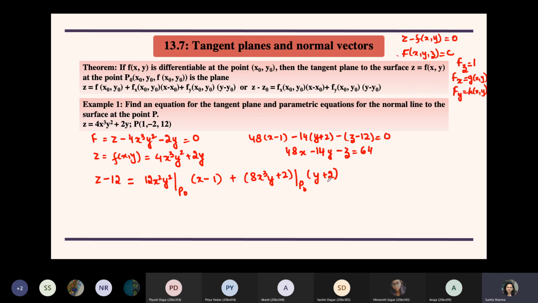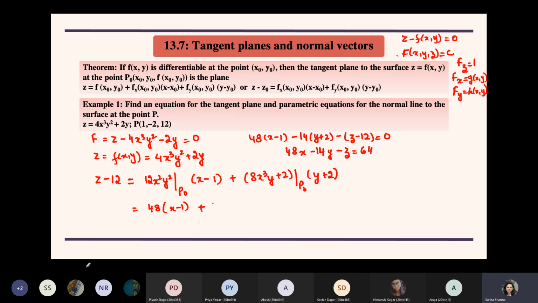So this is the equation of the plane, and I can further write this now at p naught, which means when x is 1 and y is minus 2, this becomes 48 times x minus 1. Then again I'll substitute x as 1, y is minus 2. So this is minus 16 plus 2, which becomes minus 14.